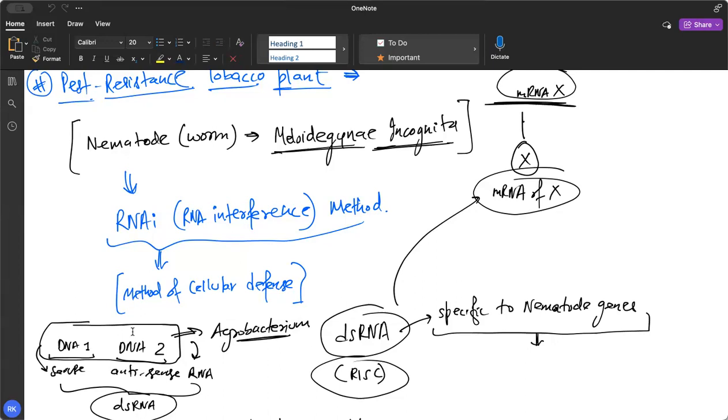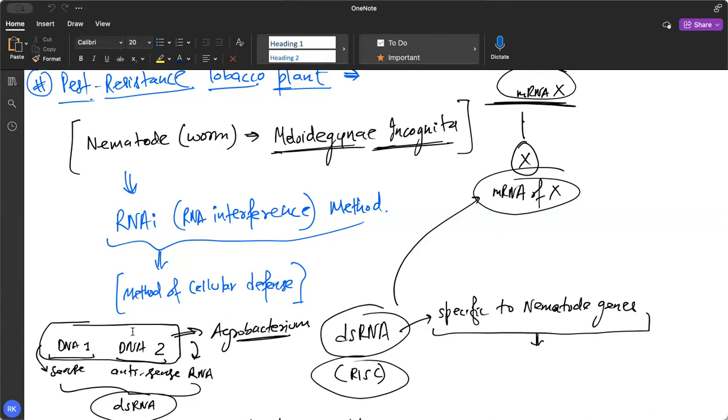We take the plasmid out, the Ti plasmid, which is called the tumor-inducing plasmid. In that plasmid, we take out all the lethal, disease-causing genes, and we insert the sequence of DNA against the gene of the nematode.